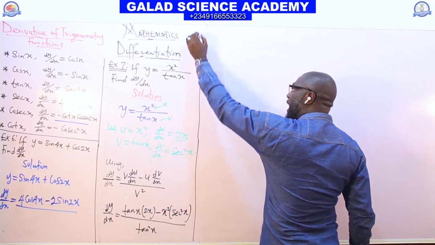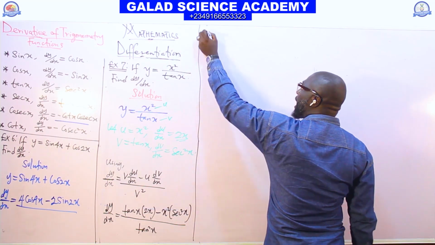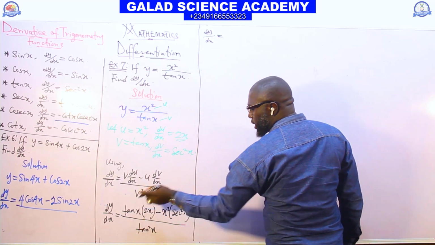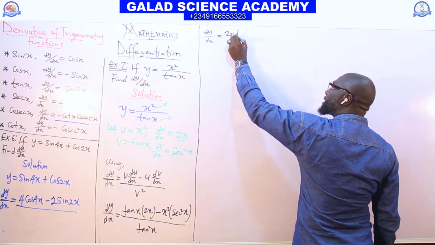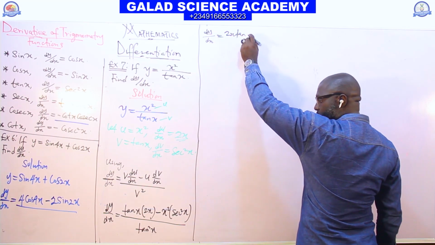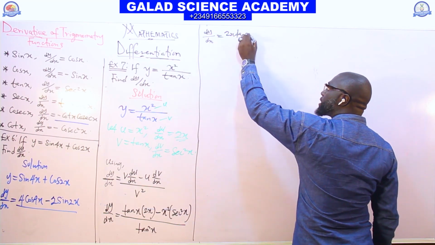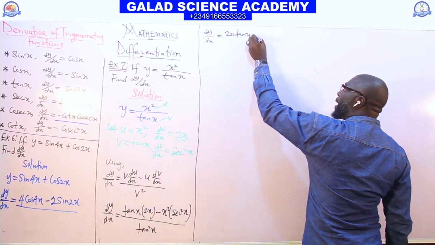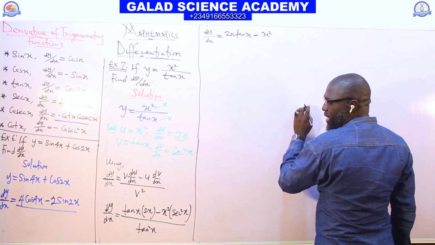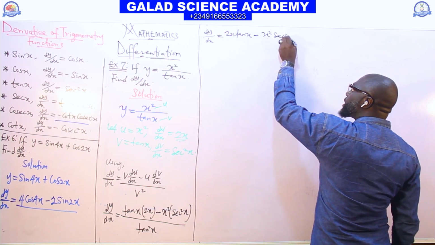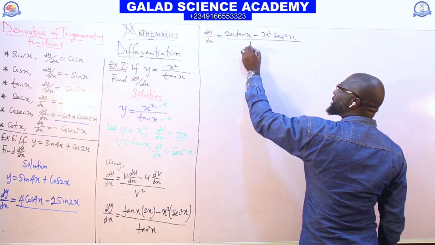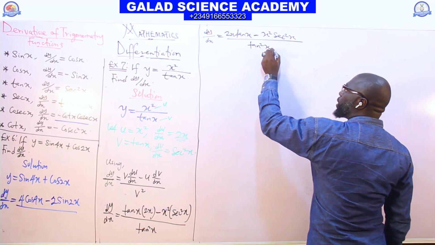By solving it further, we have dy/dx equals 2x tan x. These two come to the front. Arrange it, and here we have minus x squared sec squared x, everything over tan squared x.